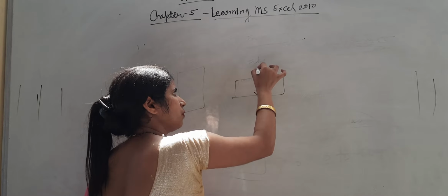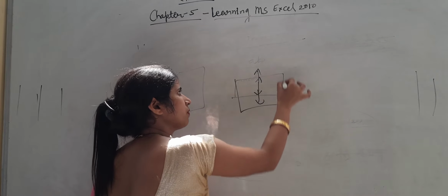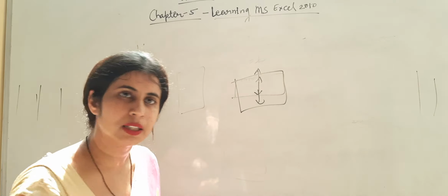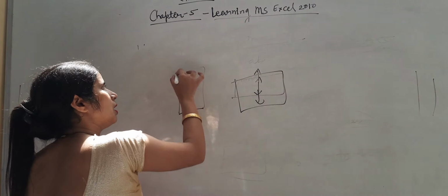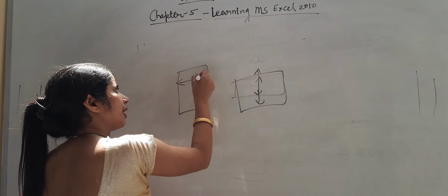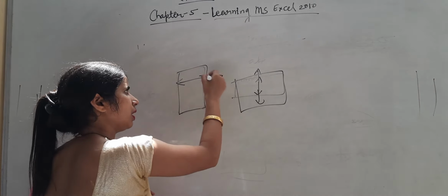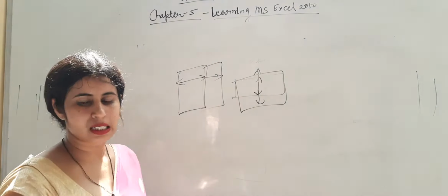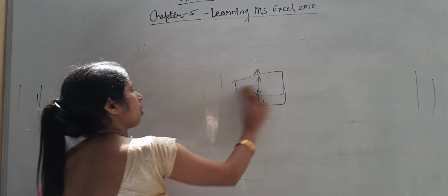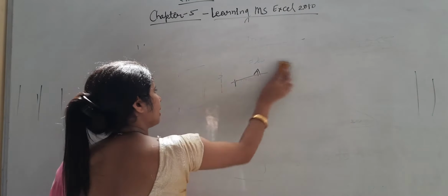If you have dragged it up to this, you have increased the row height. And if you want to change the column width, you have to click on this column and drag the mouse pointer up to here. So in this way you can change the column width. These are the direct steps to change the column width and row height.